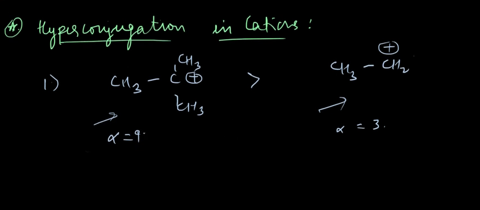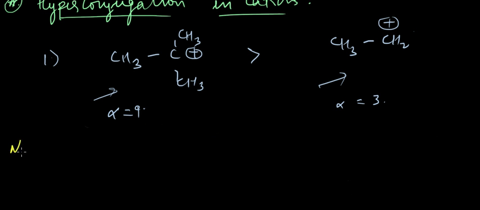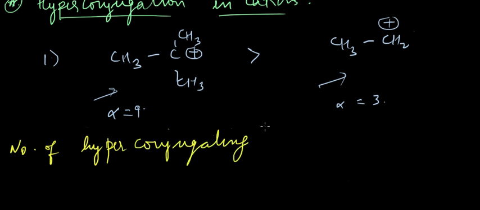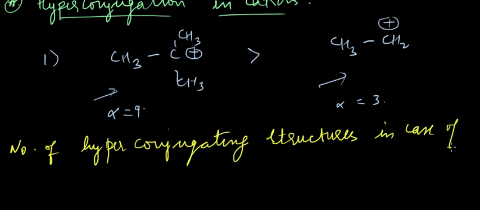So I'll write it again: the number of hyperconjugating structures in case of a cation is equal to the number of alpha hydrogens.